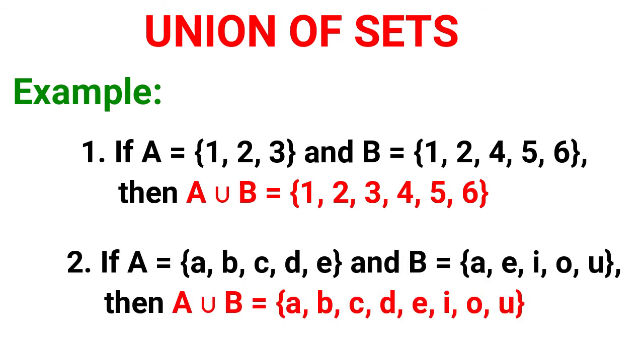Number 2, if A is equal to A, B, C, D, E, and B is equal to A, E, I, O, U, then A union B is equal to A, B, C, D, E, I, O, U. Yes?